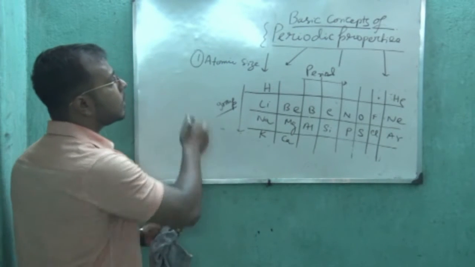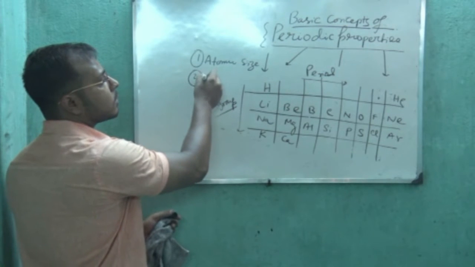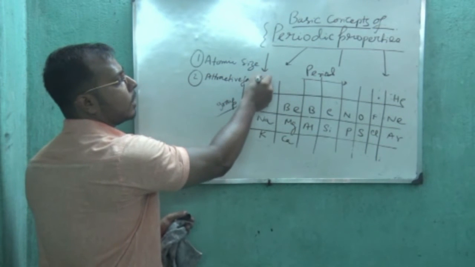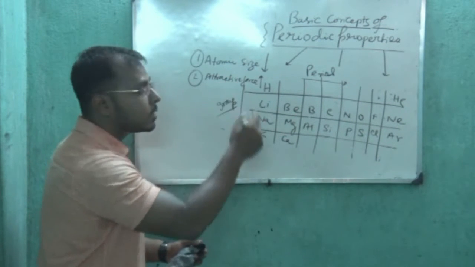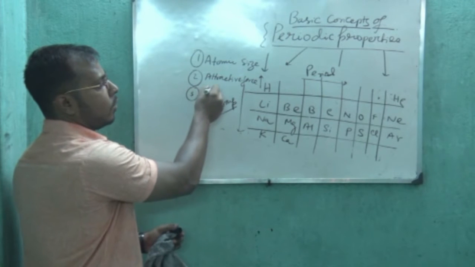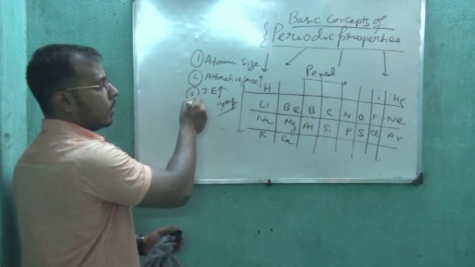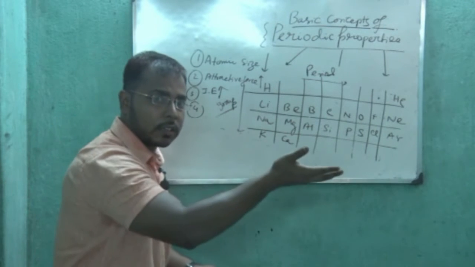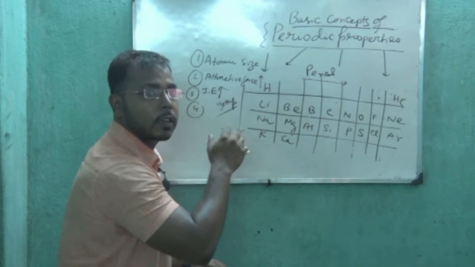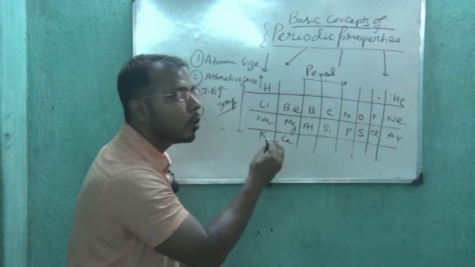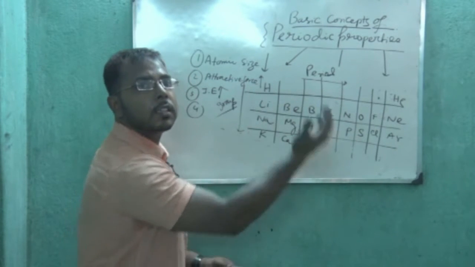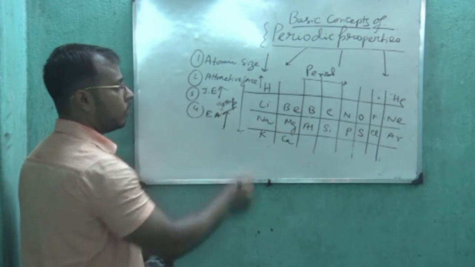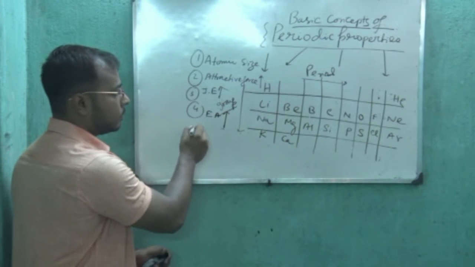So atomic size decreases, that means the attractive force between the nucleus and the valence electron increases, so ionization energy increases. As ionization energy increases, the element does not have a tendency to remove electrons, so it must have a tendency to gain electrons. That means electron affinity value increases.